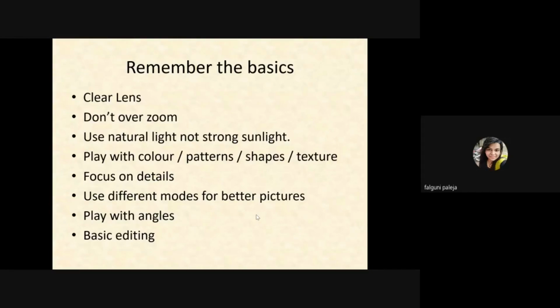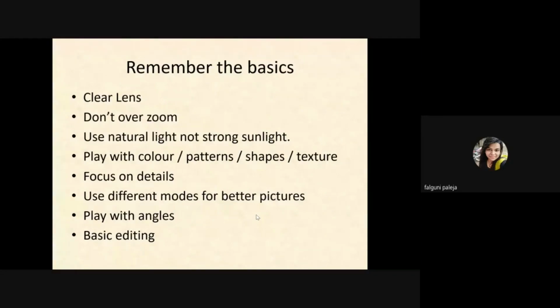The first thing is keep cleaning your lens. Many times we notice that our images come out very blurry or whitish because there is some kind of dirt particles on our lenses. So before taking any pictures, wipe your lens with a soft cloth or a tissue.